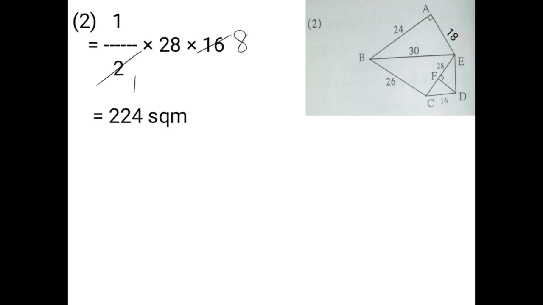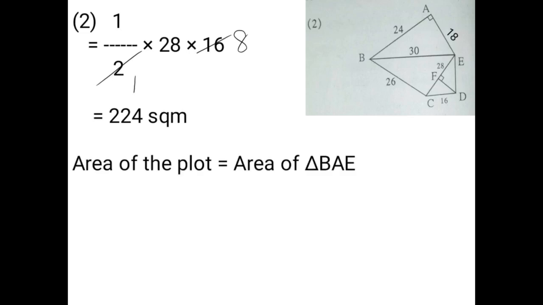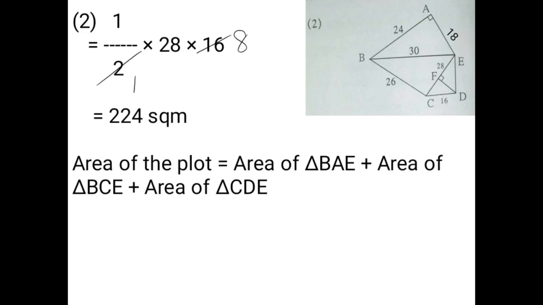Now you have to find area of the plot. Area of the plot is equal to area of triangle BAE plus area of triangle BCE plus area of triangle CDE. That is equal to area of triangle BAE is 216 square meter plus area of triangle BCE is 336 square meter plus area of triangle CDE is 224 square meter.